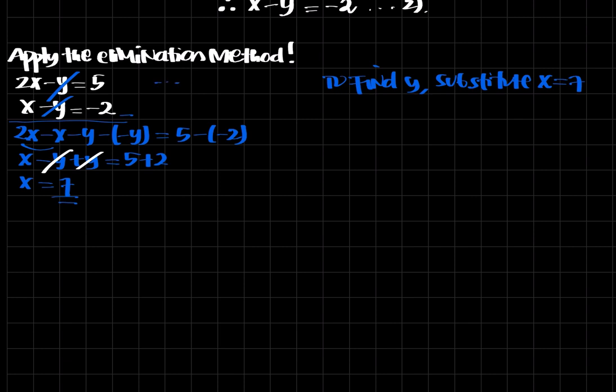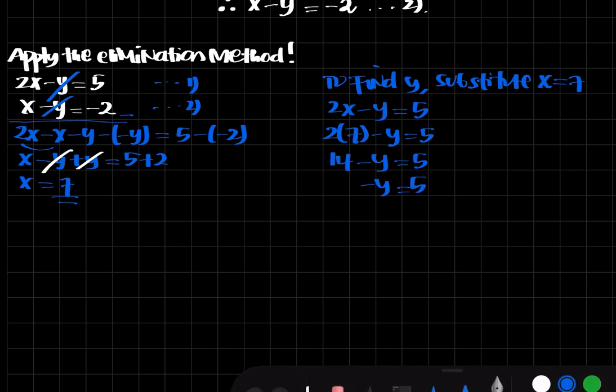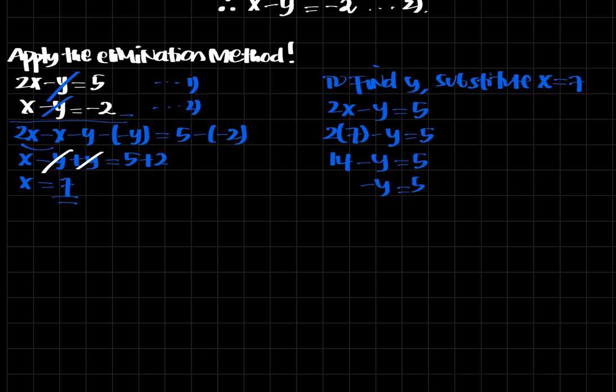Let's say I'm using equation 1. 2x minus y equals 5, and then 2 times 7 minus y equals 5. So 14 minus y equals 5, minus y equals 5 minus 14. So minus y equals minus 9. So y equals 9.